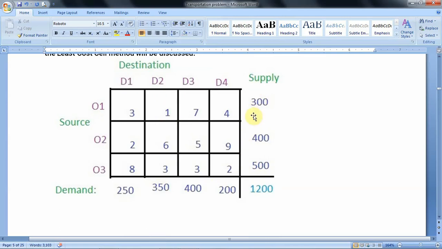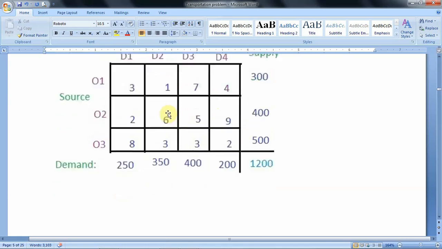Compared to these two, 300 is the minimum value. So allocate 300 units to this O1D2 cell, because O1D2 has the least cost, that is 1 rupee.